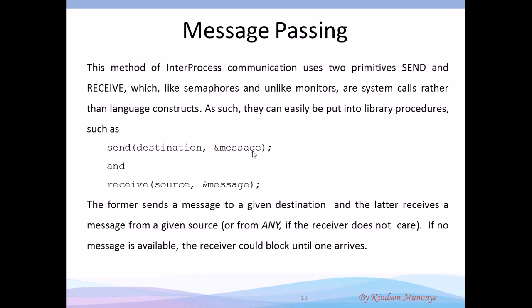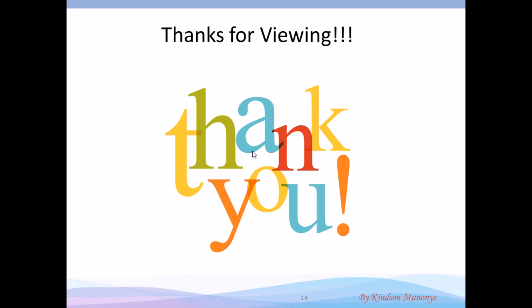The receiver replies, I received your message, yes, you can enter now. So message passing is another way to implement interprocess communication, where the processes in the operating system share messages between themselves using the send and receive procedures.